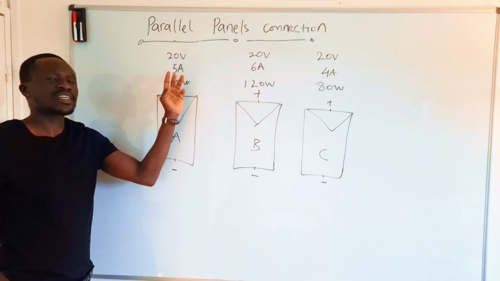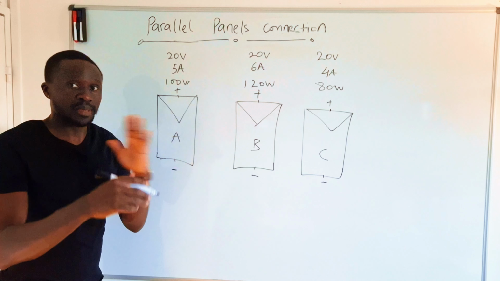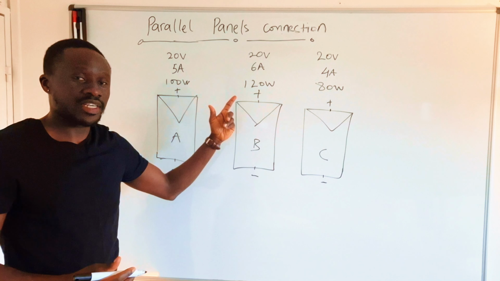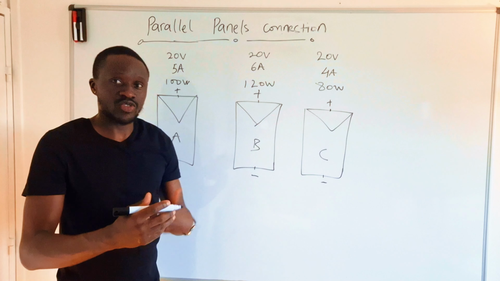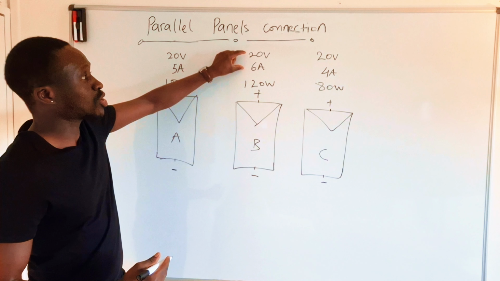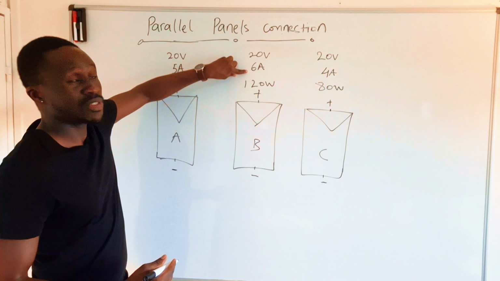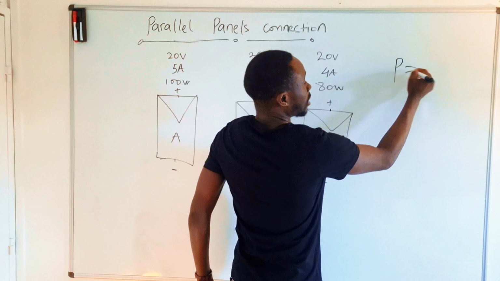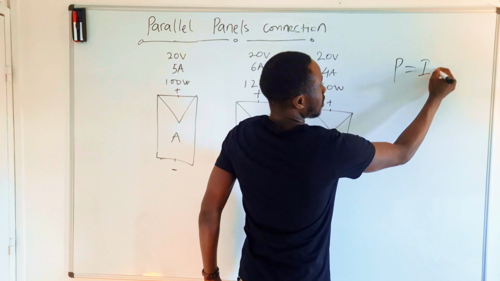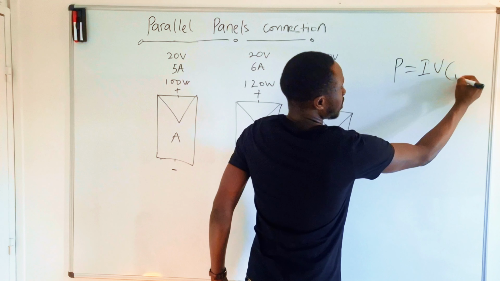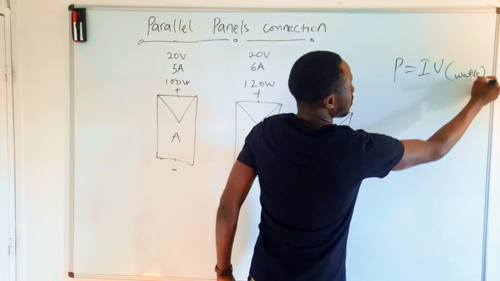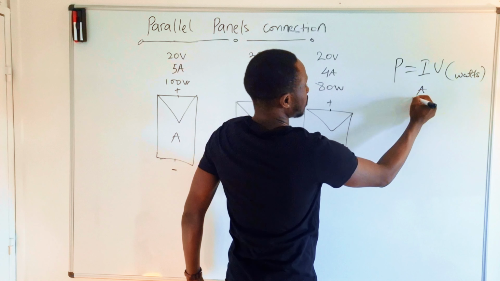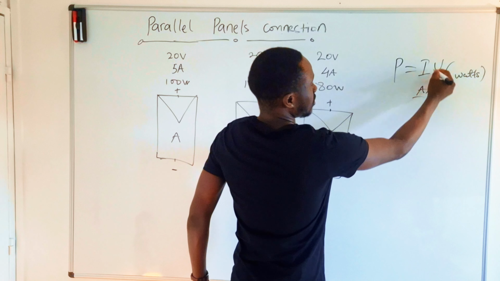Then it will have 5 amps. Then these are 100 watts, because to find watts, you multiply 20 times 5. The formula is power equals I times V, measured in watts, where I is the current in amps, times the voltage.